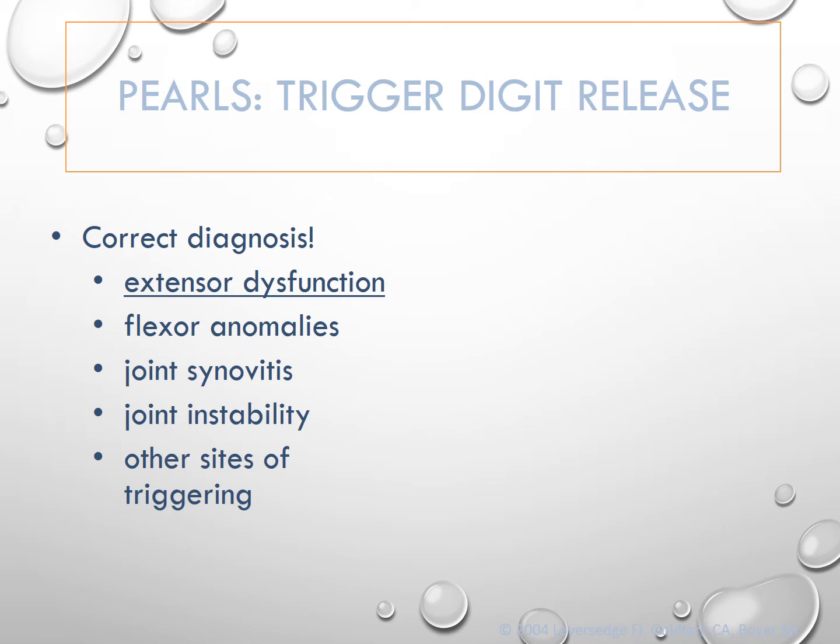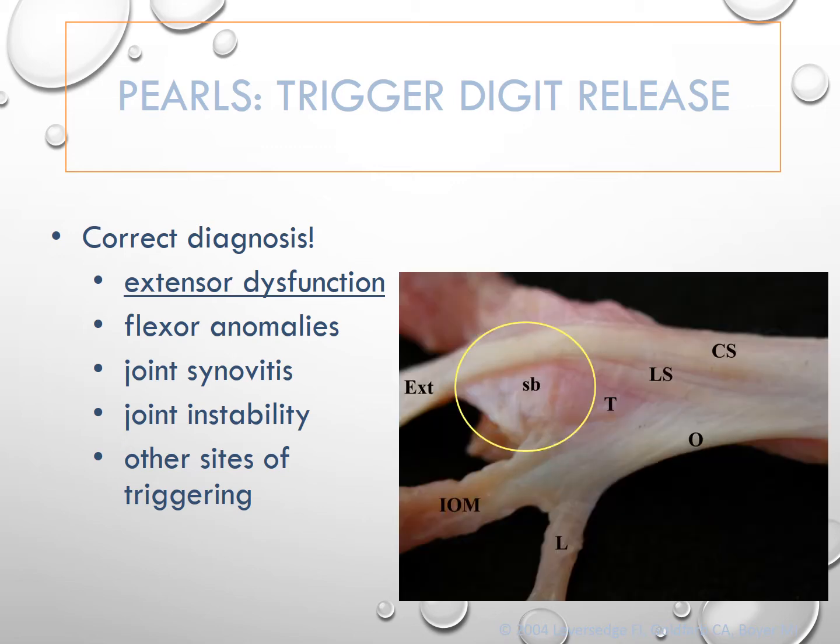When performing a trigger digit release, it's important to make sure you have the correct diagnosis. There are many reasons why a digit may trigger, such as extensor dysfunction, having a sagittal band injury, where you have the tendon sublux into the ulnar gutter and the finger cannot extend because the tendon cannot jump back over to the MP joint.